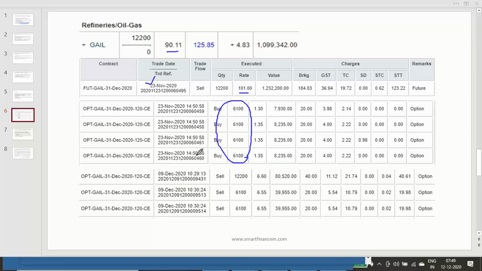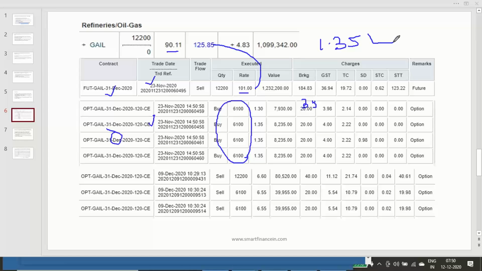Four lots are taken. Why are these four lots taken? This is just neutralizing the delta of this future with these options to zero. So this 1 rupee 35 paisa, it is only 35,000 rupees of investment, and this future is capping my 1.35 lakhs profit. So this 1,35,000 profit I'm capping and just hedging with this.